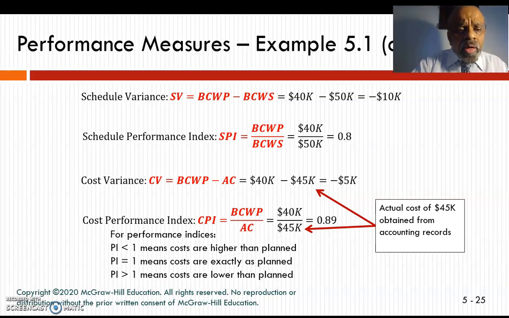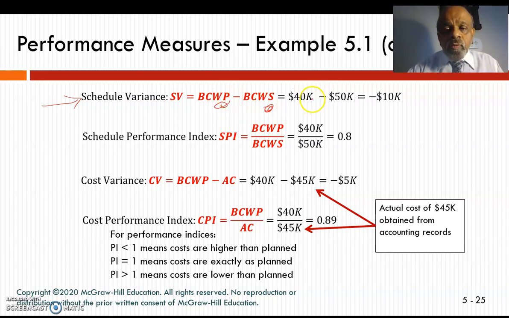The first thing we're going to calculate is schedule variance. The schedule variance is the budgeted cost of work performed minus the budgeted cost of work scheduled. So your performance is 40,000 and your schedule is 50,000, so you're at negative $10,000.